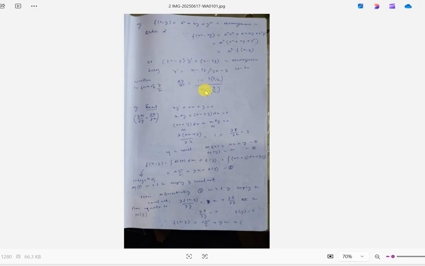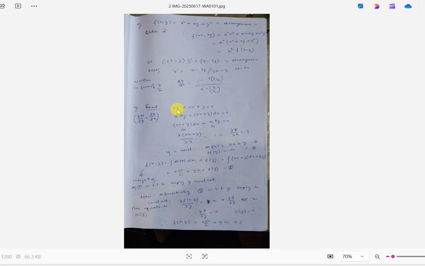Then this can be written as 1 minus 3y by x, dividing by x on both sides, numerator and denominator, divided by 2 minus y by x. So we can write this equation in the form of y by x. So this is a homogeneous equation.